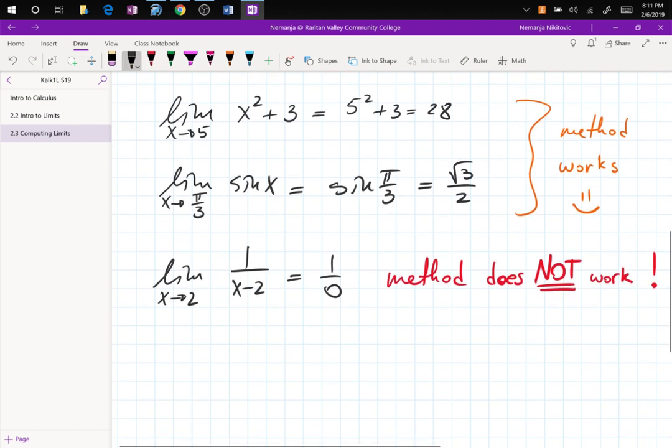Let's take another case. The limit as x goes to 3 of x minus 3 divided by x squared minus 9. Wouldn't this be 0 divided by 0? Yes? When you plug in, wouldn't you get 0 divided by 0? You would, right?